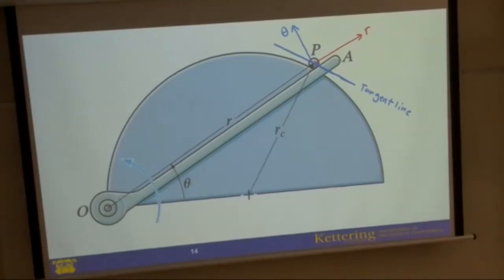Then I need to draw these forces: normal, weight, frictional force, and the applied force. Normal force will be this. This is the normal force. It is perpendicular to the tangent line.